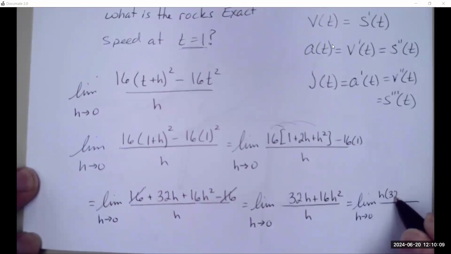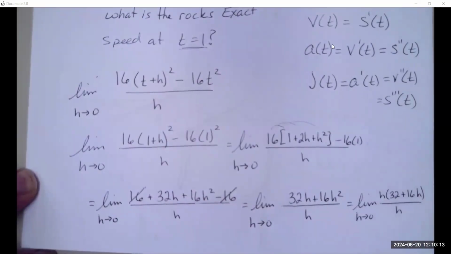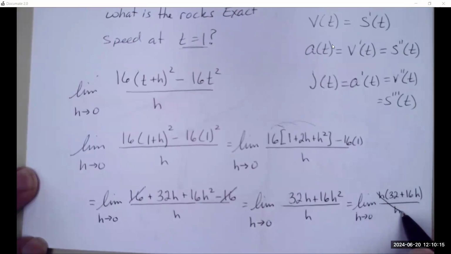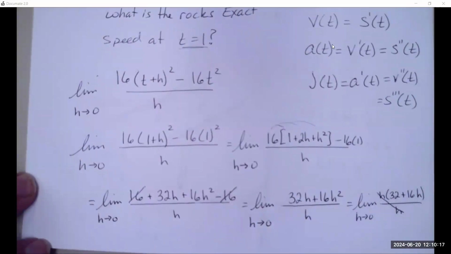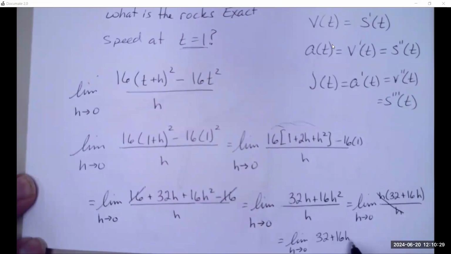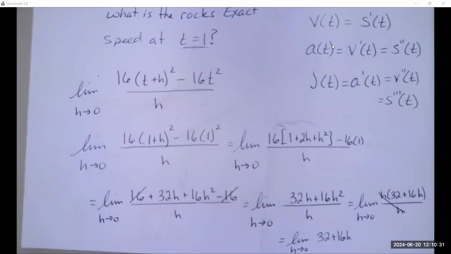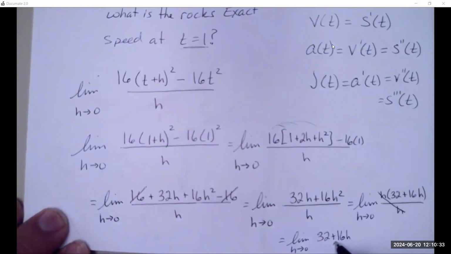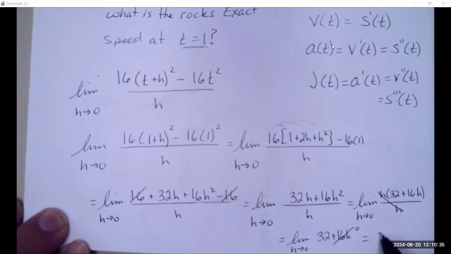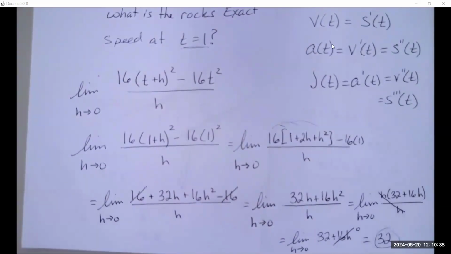So we got h times (32 plus 16h) over h. The h's cancel. The limit as h approaches 0 of 32 plus 16h. The h goes to 0, so we're left with 32.